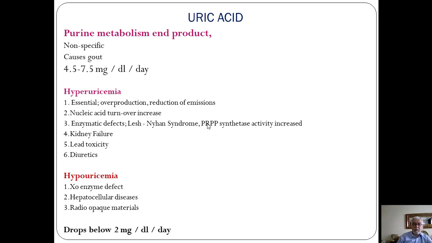Increased uric acid level in blood causes gout disease. Normally uric acid level is between 4.5 and 7.5 milligram per deciliter, but in this case these levels increase and cause very serious problems such as pain and inflammation.